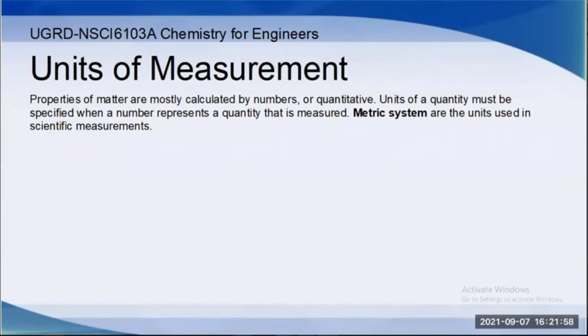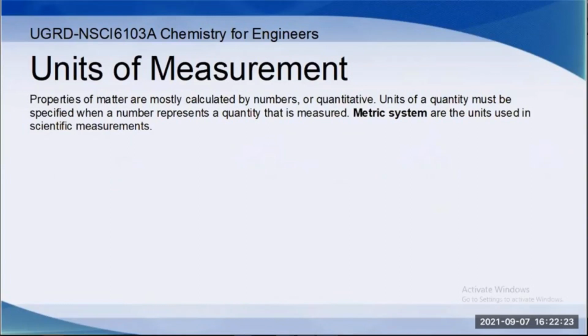let's brush over some of the most basic principles in our physical science or chemistry. So the unit of measurement, right? Properties of matter are mostly calculated by numbers, or quantitative. Units of a quantity must be specified when a number represents a quantity that is measured. So again, let's go back to that second sentence.